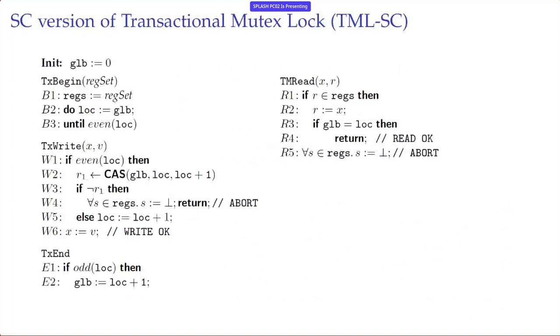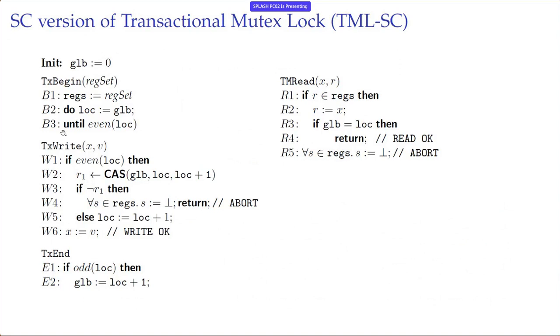Okay, so that was the specification. And from that specification, you go, what's an implementation that guarantees this? Or is there a way to implement this specification? And what we did was we looked at a very simple example, because we also wanted to verify this, called the transactional mutex lock. This is an algorithm that's been around for almost 10 years now.